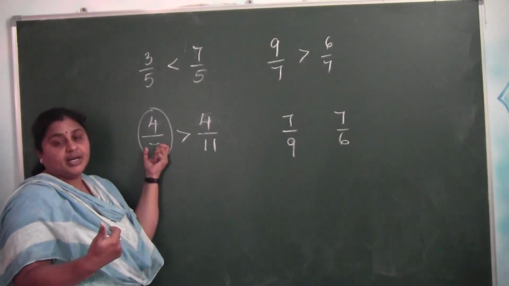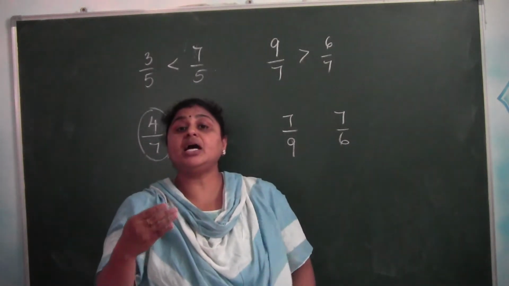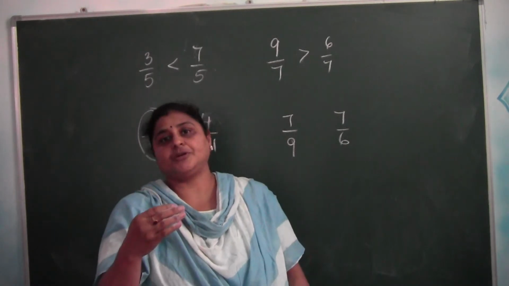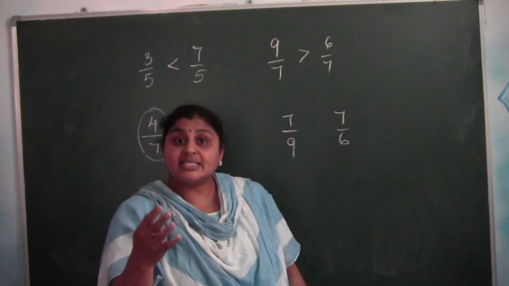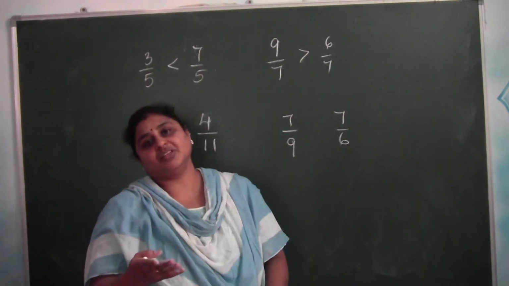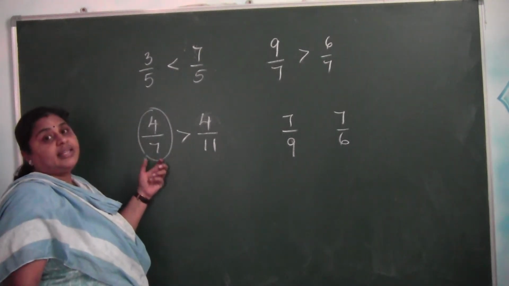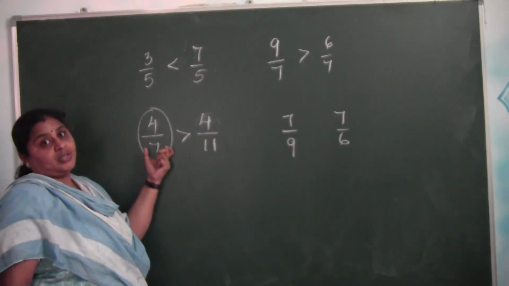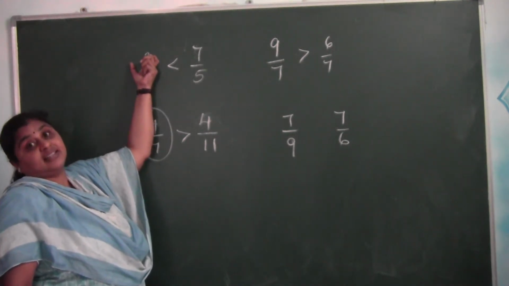The less the numerator, the less the fraction. Quite opposite, children. Listen to what I am telling you. The less the numerator, the less the fraction. The more the denominator, the less the fraction, or the less the denominator, the more the fraction. If the denominator is less, then the fraction is greater.